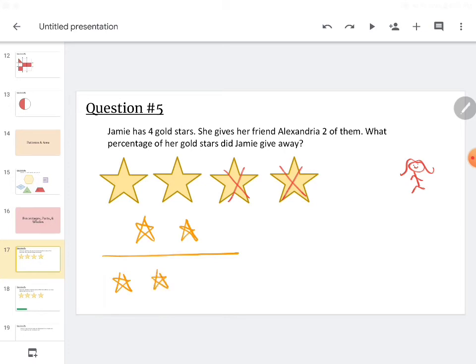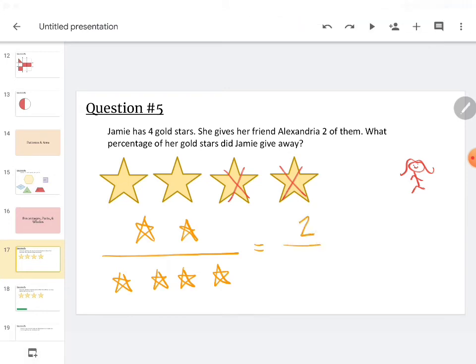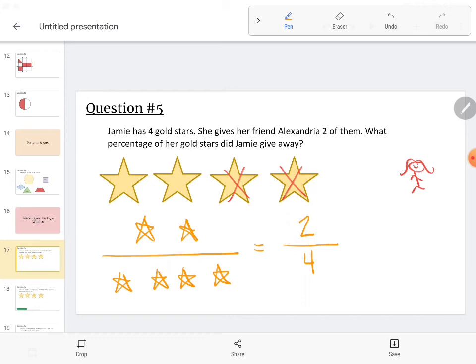So we're going to put the number of gold stars she gave away on top and how many she had in the beginning at the bottom. Well, once we look at our picture, we'll notice that we have 2 gold stars up top. We have 4 gold stars for our total at the bottom. And we eventually get this fraction of 2 over 4.